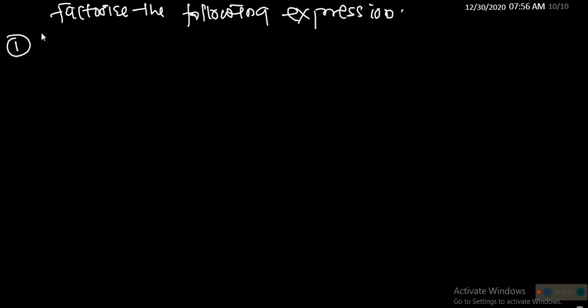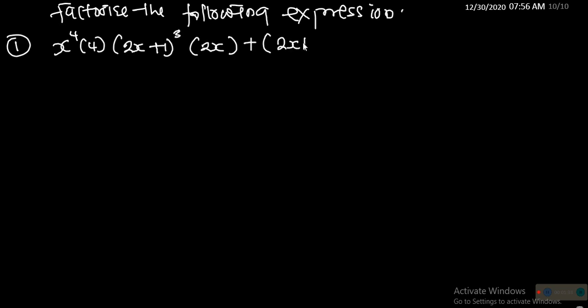Example number 1 says x raised to the power 4 into 4 into (2x plus 1) raised to the power 3 into 2x, plus (2x plus 1) raised to the power 4 into 4x cubed.